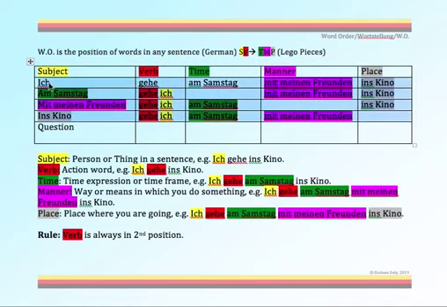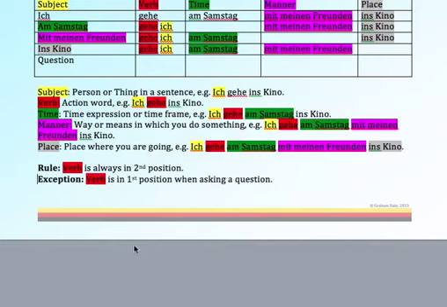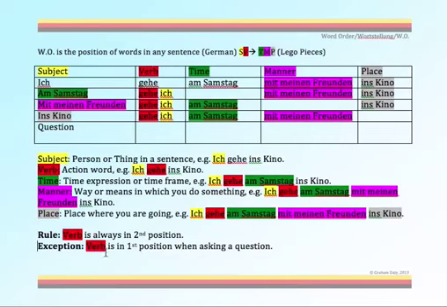four rows, and then the question rule, or the exception, I'll just write it. The exception here, it just went off the screen for a moment. Exception, the verb is always in first position when asking a question.